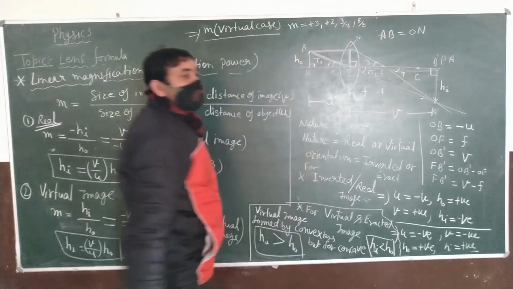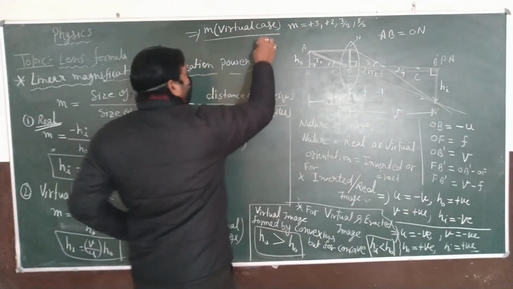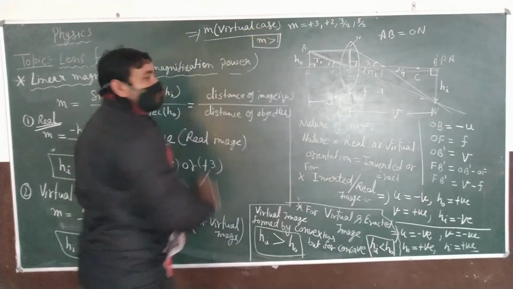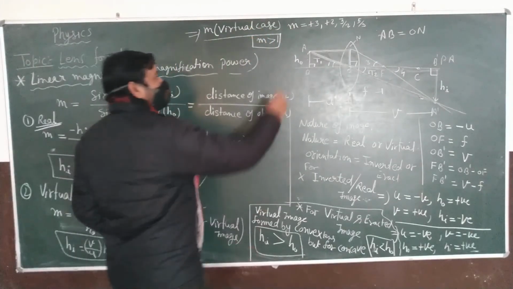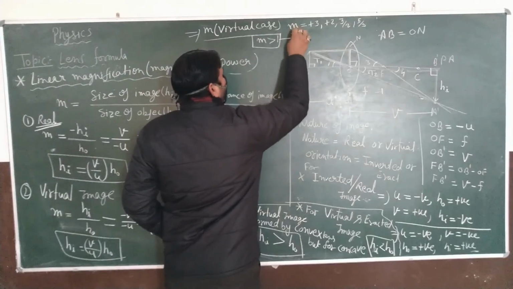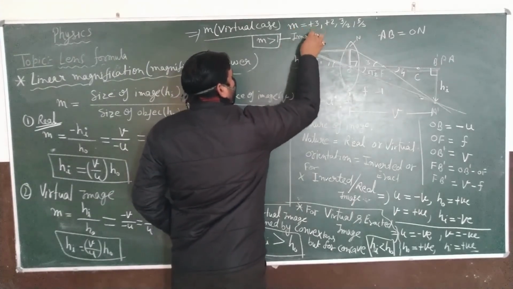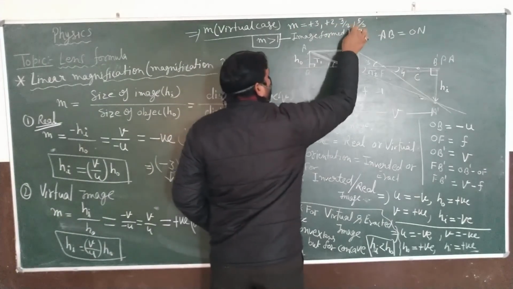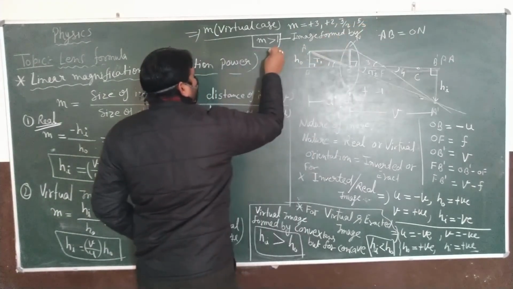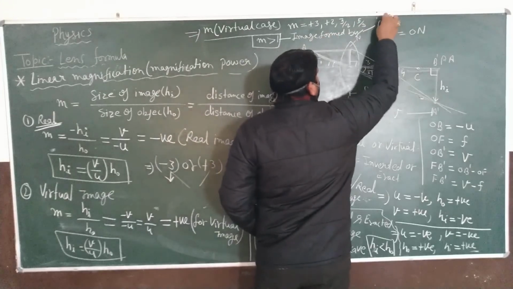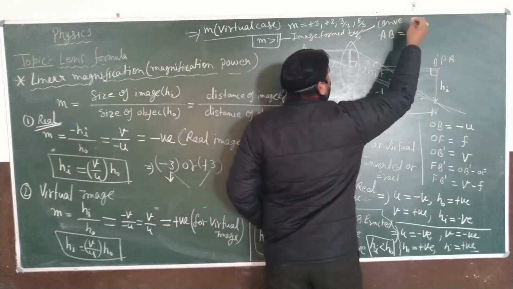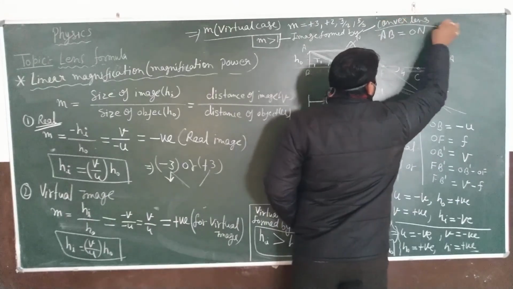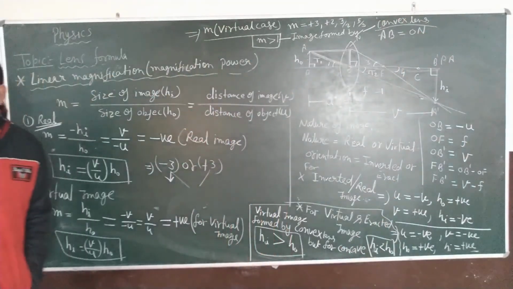Each indicates m is greater than 1, which means the image is formed by a convex lens. It is clear or not?